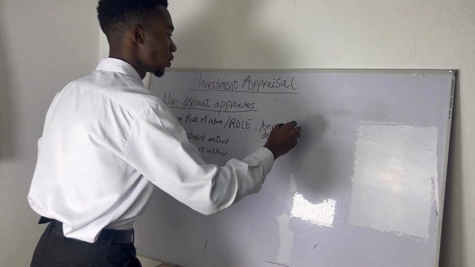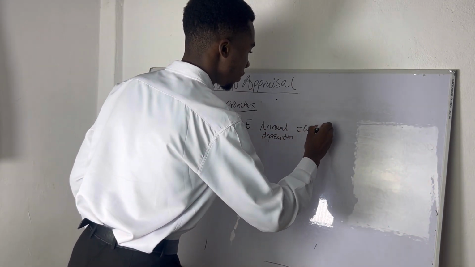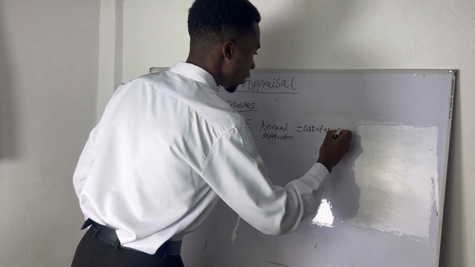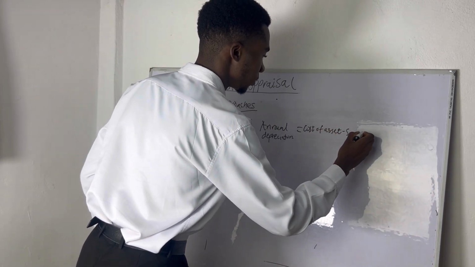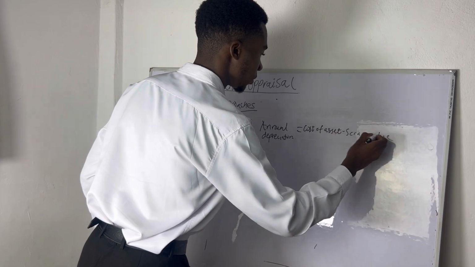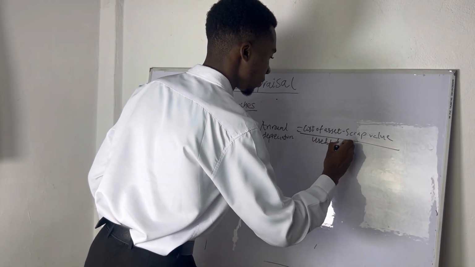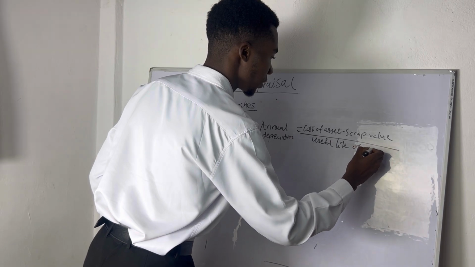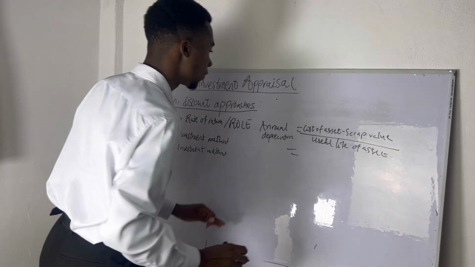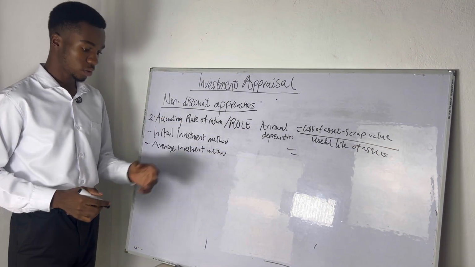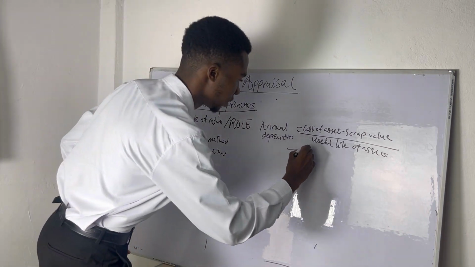So it's the cost of assets or the investments minus the scrap value over the useful life of assets. This is the formula for the annual depreciation. The cost of assets is 120,000 cedis from the question.